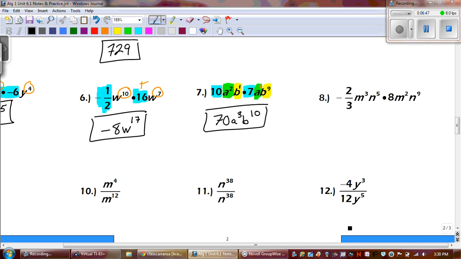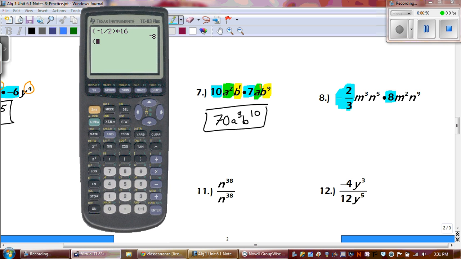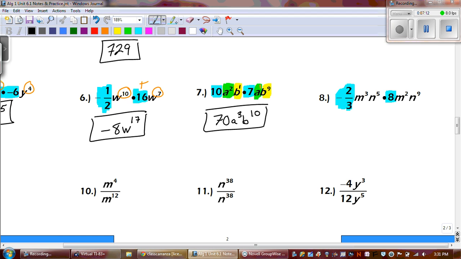All right, number 8. Once again, we're looking at the coefficients first. So I'm doing the same thing I did in the last one, negative 2/3 times 8, and I get something funky. But once I change that into a fraction, I can see that that's negative 16 over 3.